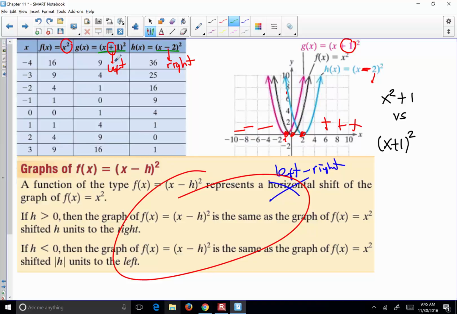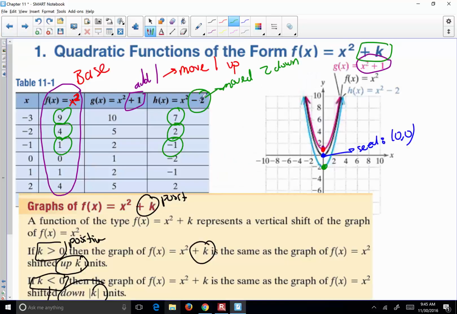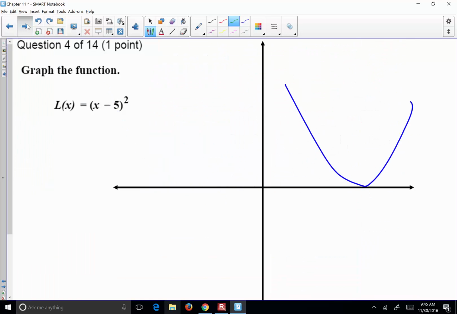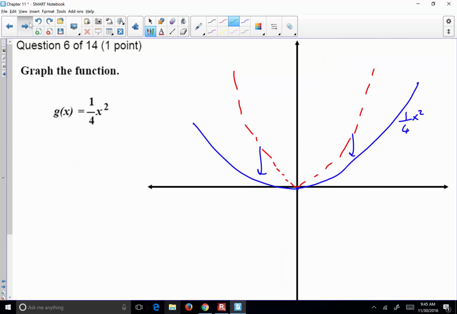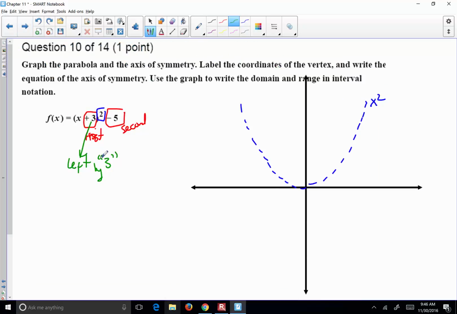Look, if you have a number inside, it's either left or right. If you have a number outside, it's up or down. Got it? Yeah, it takes some time to get used to. But this is left by 3. What is this one? What kind of shift is it going to make? Minus 5. This is down. Down by 5.